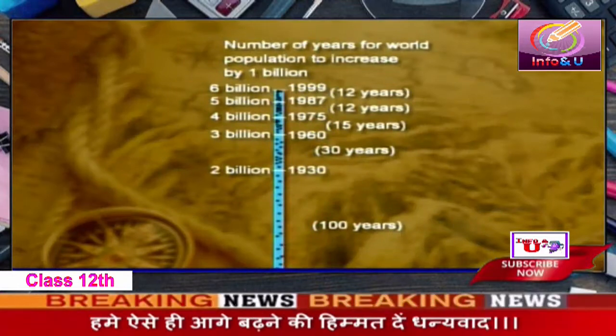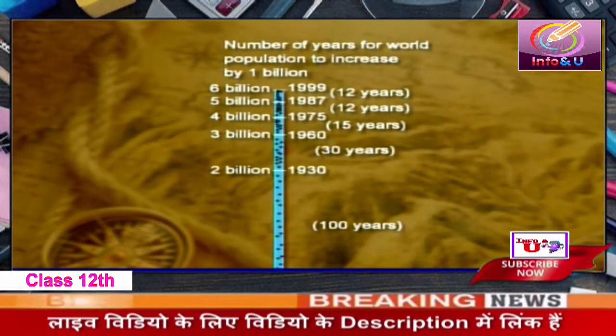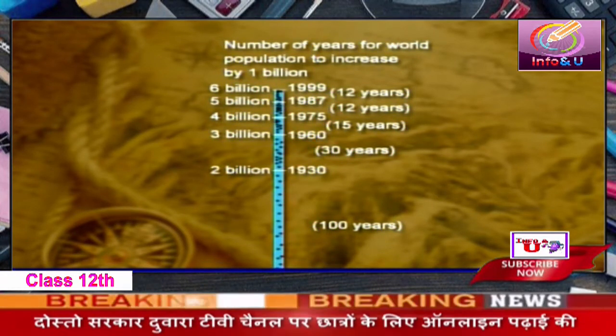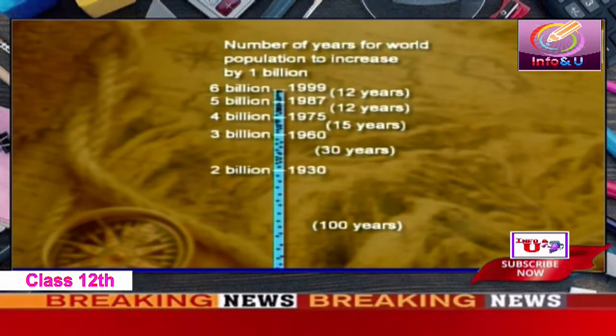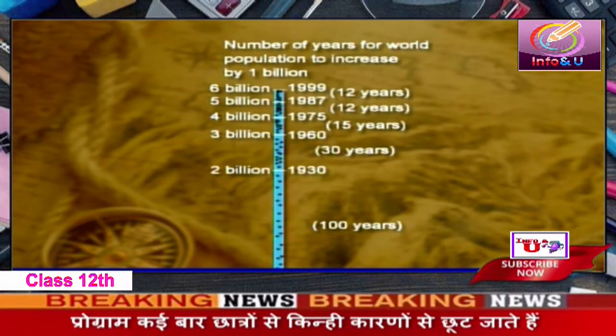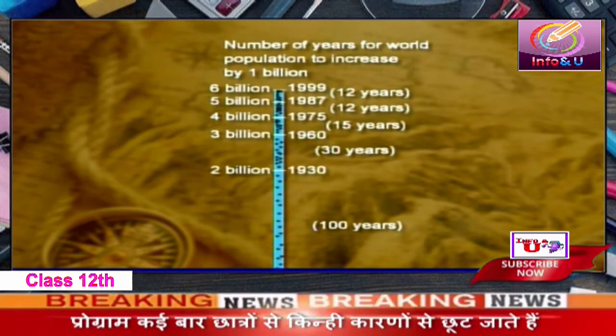Let us look into this diagram and see the doubling time of the world population. The population growth was gradual initially with the less developed countries. The science and technological advancement increased the growth.